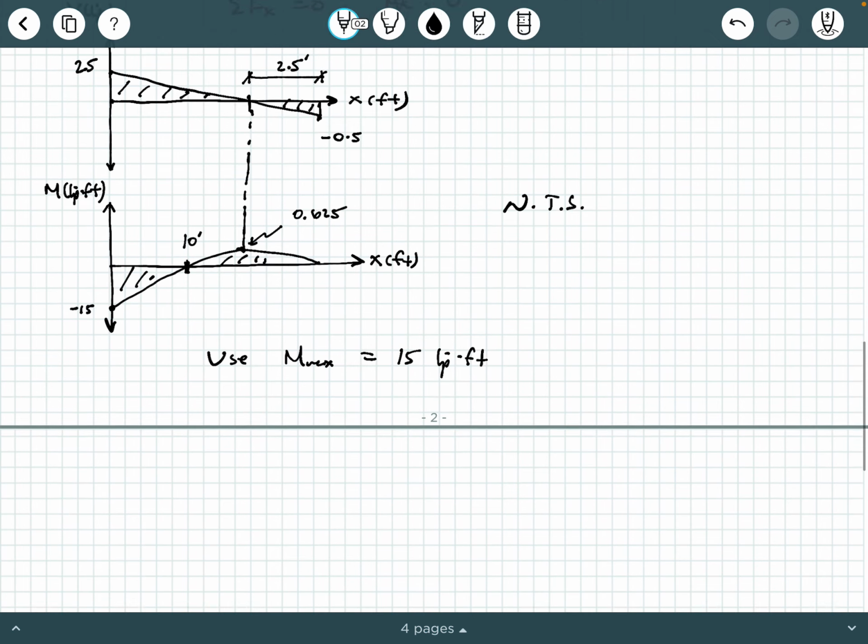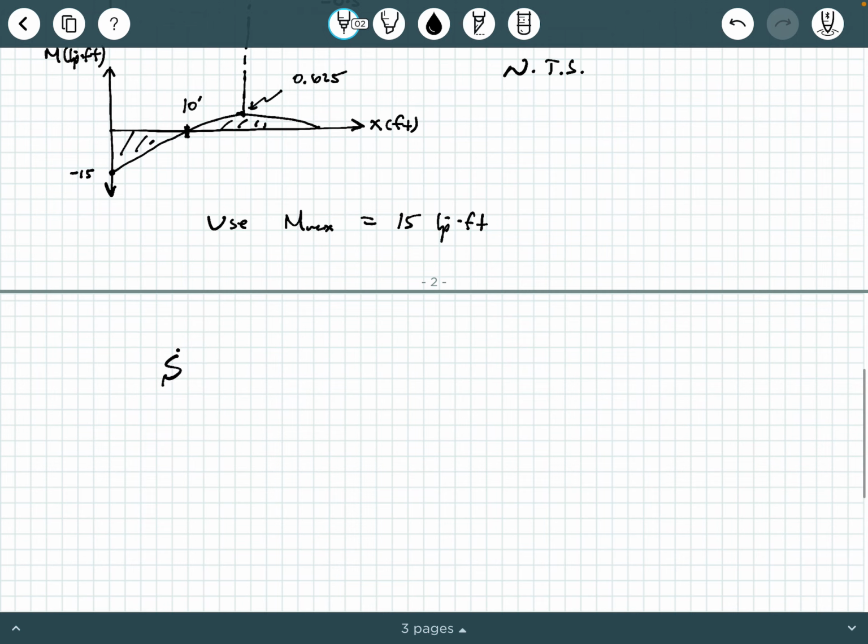So finally, we can solve for that section modulus, and we could say the required section modulus is equal to M max over sigma allow. And we got to watch out with our units. We're going to say 15 kip feet times 12 inches per foot divided by 1.8 KSI.